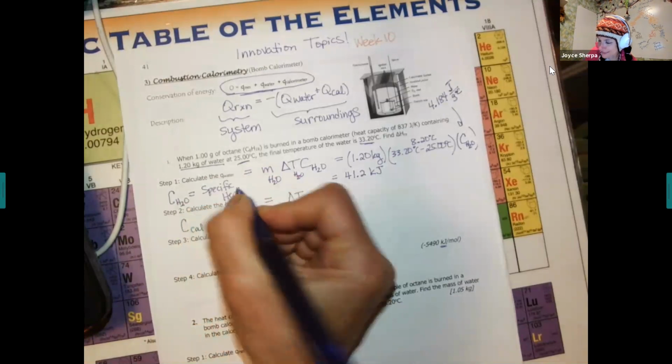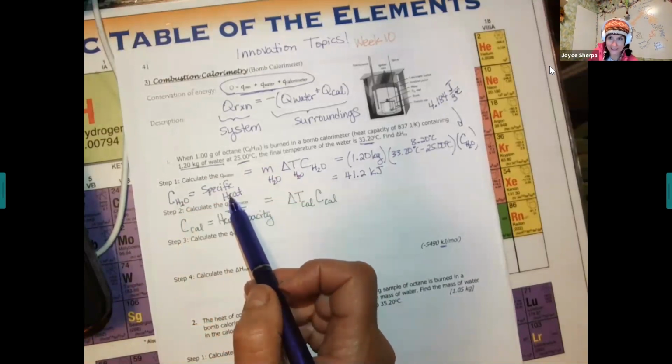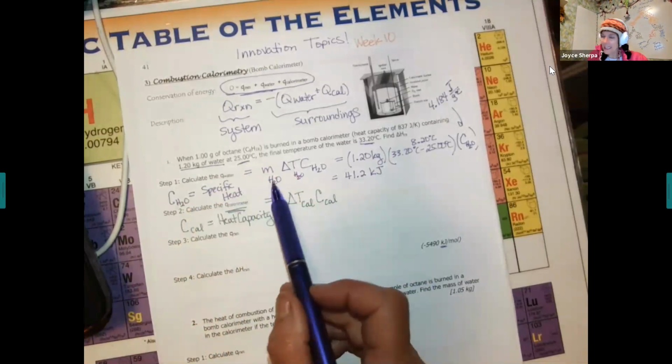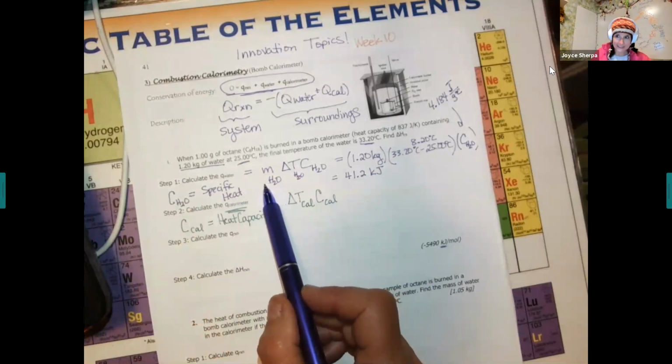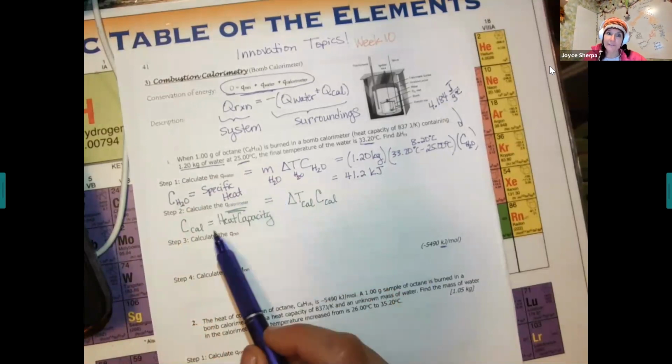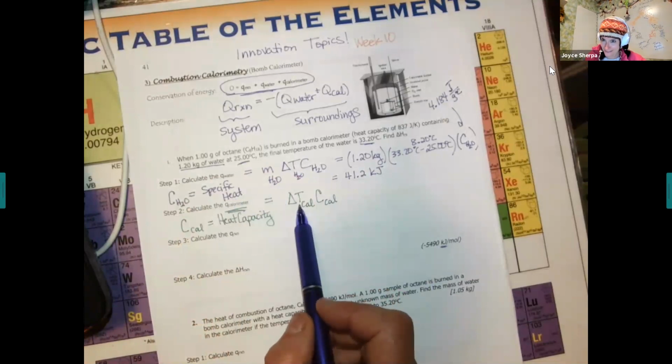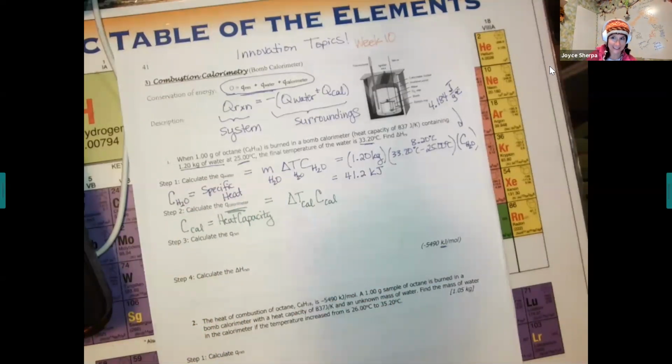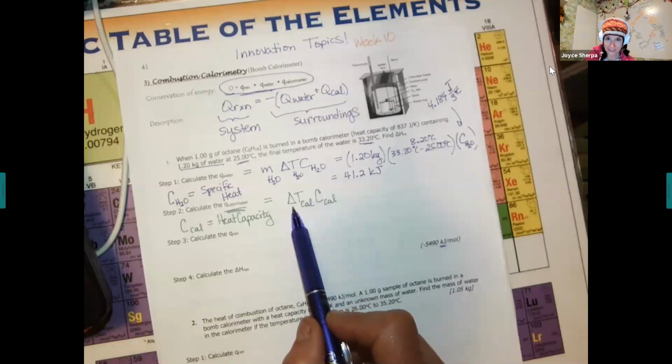In that case, if it's specific heat capacity, everybody just says specific heat, the mass of the substance does matter. For heat capacity, the mass does not matter. The size does not matter. It is just the heat capacity and the change in temperature.